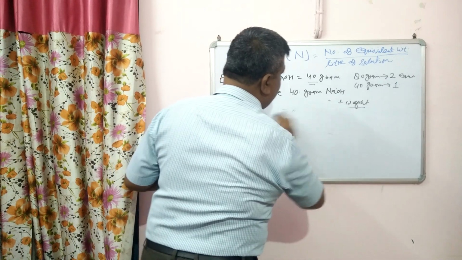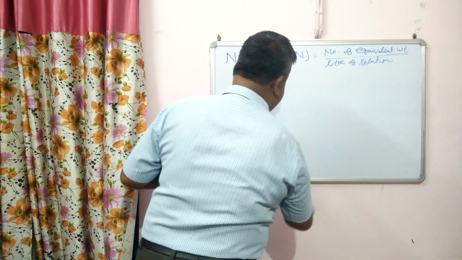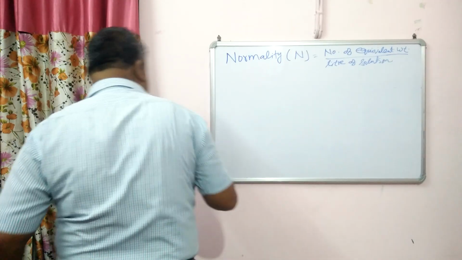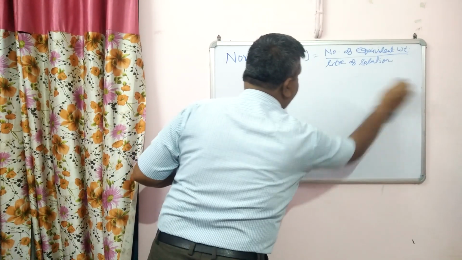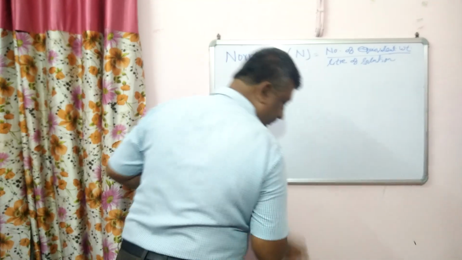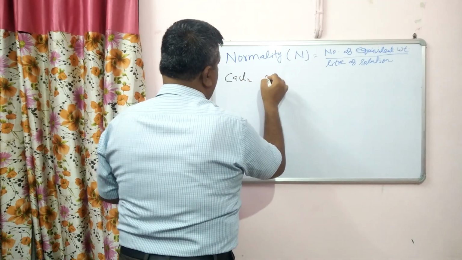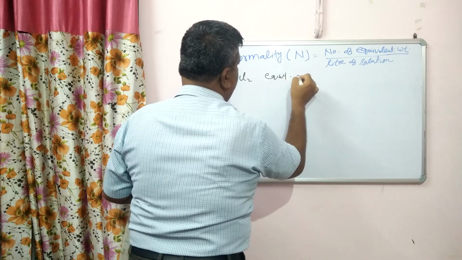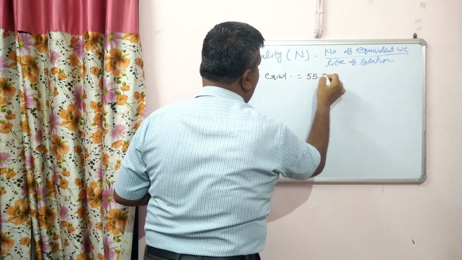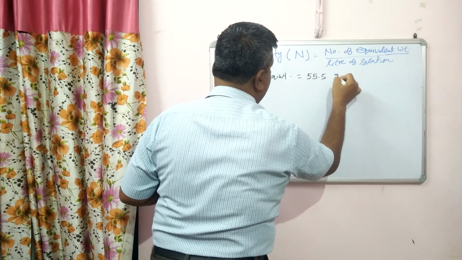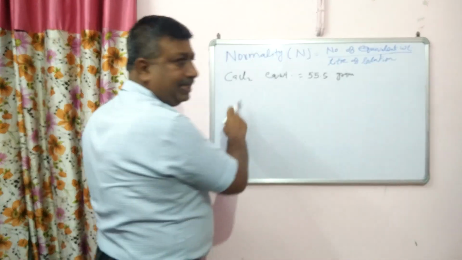Another example for the formulation of normality: suppose we are taking the compound calcium chloride. We have calculated the equivalent weight of calcium chloride. Equivalent weight of calcium chloride was 55.5 gram. Approximately it is 55 gram, because it was 110 divided by 2.